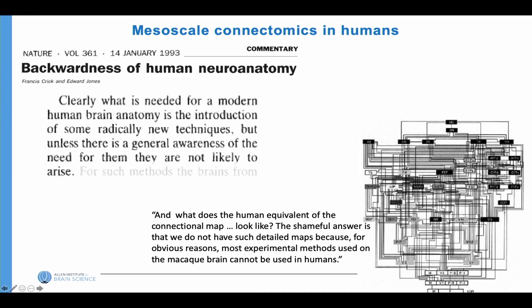The shameful answer, I wish you could write like this and get it published, is that we do not have such a detailed map because, for obvious reasons, most experimental methods used on the macaque brain cannot be used in humans. And I think they say it, but I'll say it: in all of the literature on the human brain, never has one single axon been traced from source to target. Not one axon. All of the connectional stuff is from lesion studies and from MRI imaging.